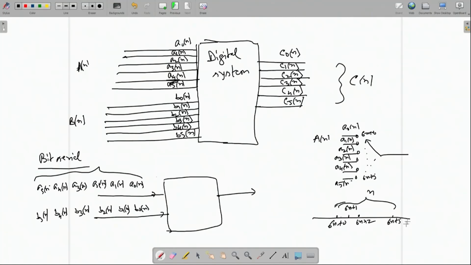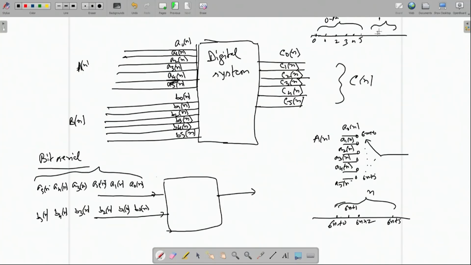All right, very simple. When n is 0, suppose you are starting with the 0th word, that time you have got A0 0, A1 0, A2 0. So, that time 0th word clock, it will be divided as 0, 1, 2, 3, 4, 5.